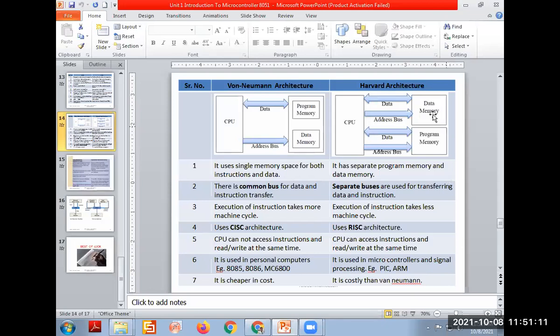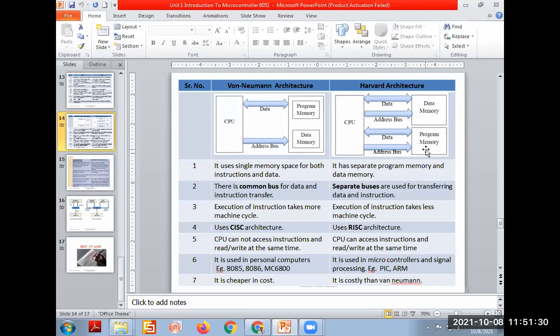Actually, I was reminding you, as I said, von Neumann architecture, Harvard architecture, one more is there. That is called SHARC. You can write somewhere in the notebook. SHARC means Super Harvard architecture. So in that, what is changed? The same diagram will be there. Only this program memory is further classified.